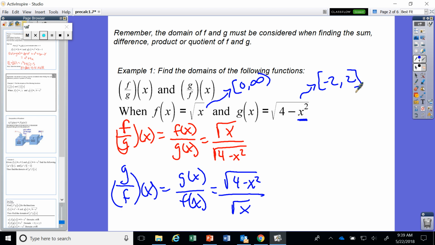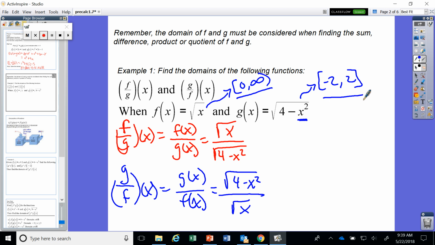What you want to start looking into is where the intersection of these domains is. For the domain of f over g, you're going to find where the domains intersect. Where is the intersection between 0 to infinity and negative 2 to 2?